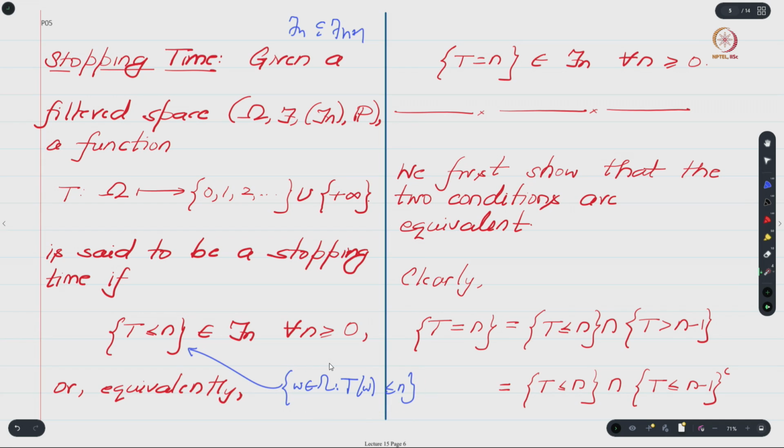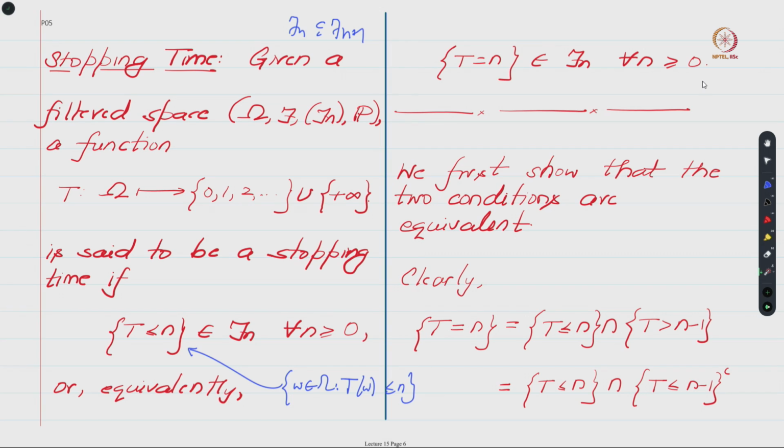You consider this collection of omega, so this will form a set, and this set should belong to F_n for all n greater than or equal to 0. So notice that the dependence on n comes in over here, and we will now show that equivalently this condition is similar to saying that T equals n, this event belongs to F_n for all n greater than or equal to 0.